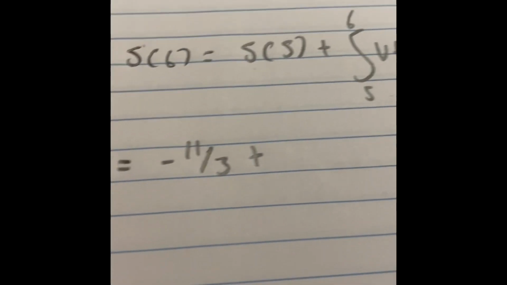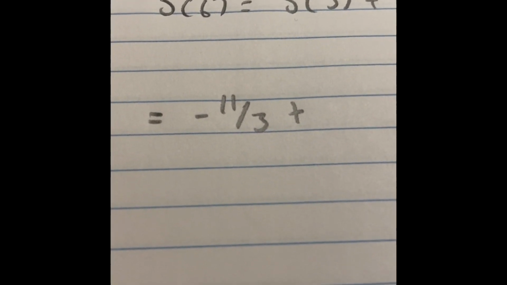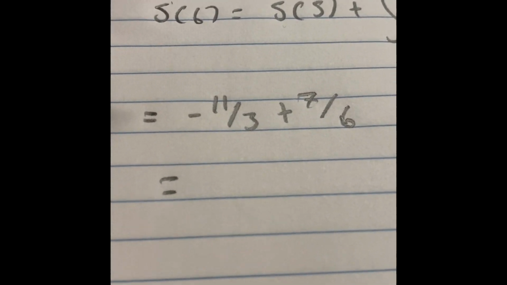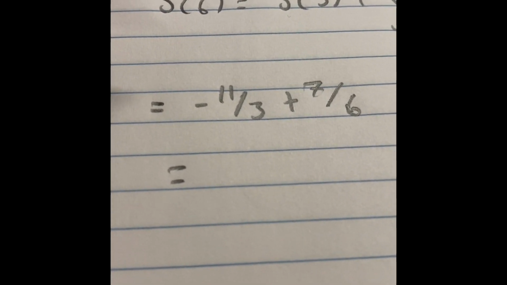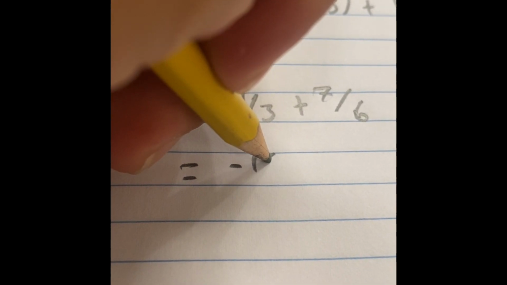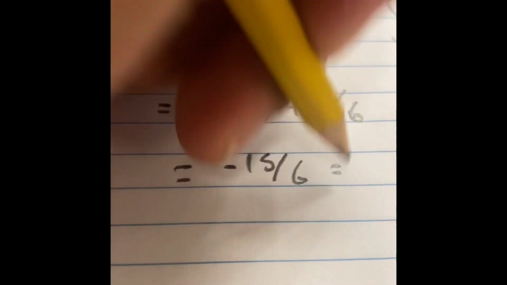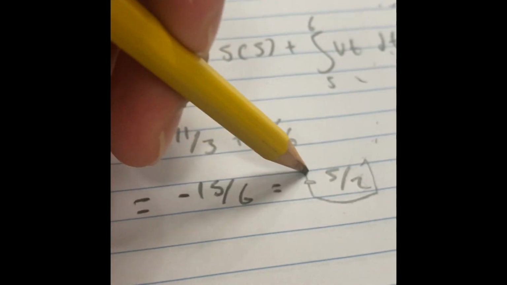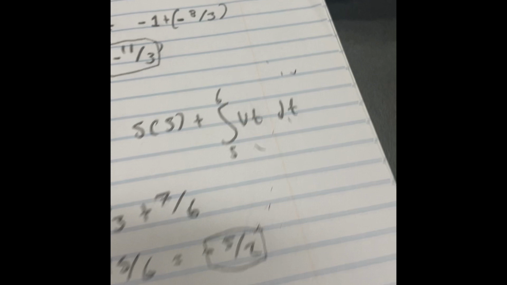So we're going to add 7/6, which gives the value of s of 6 equal to -15/6, which is also equal to -5/2. So now we have all the values they're asking us to find.